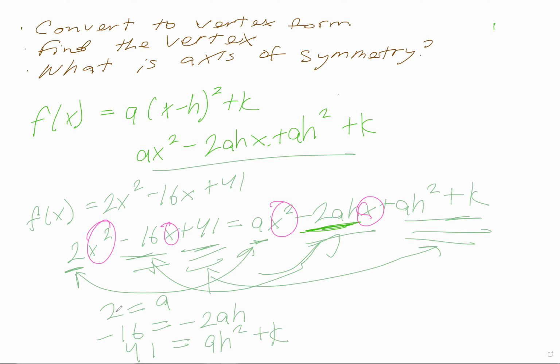So we already know that 2 is equal to a, so plug that in here. Negative 16 is equal to negative 2 times 2 times h. Negative 16 is equal to negative 4 h.